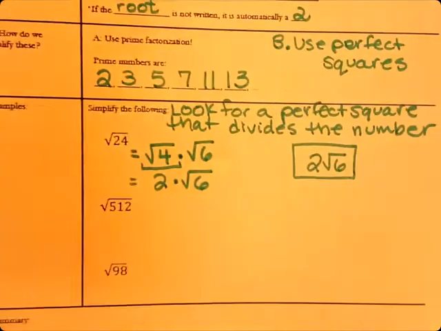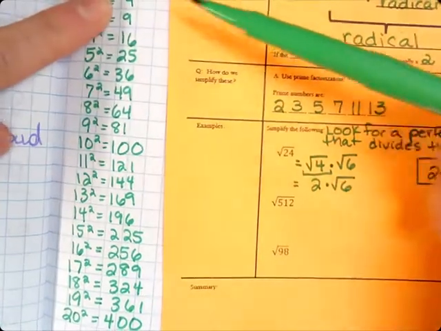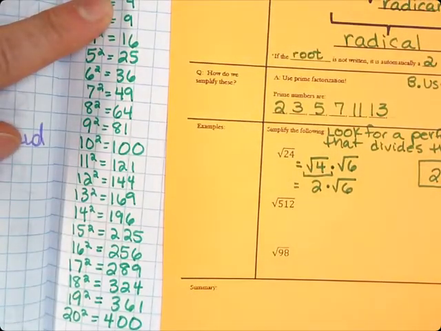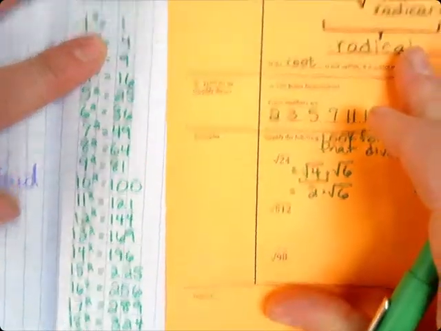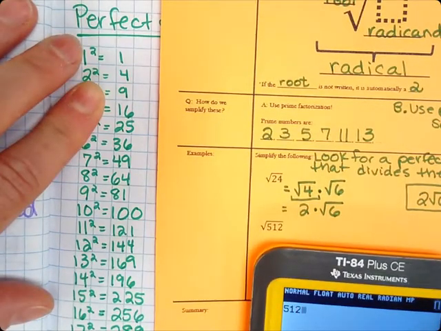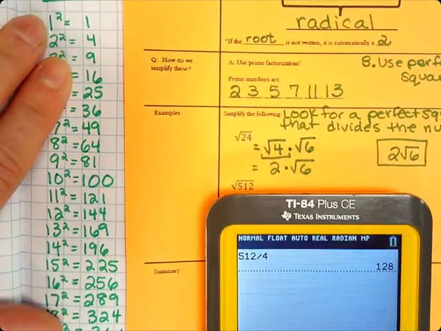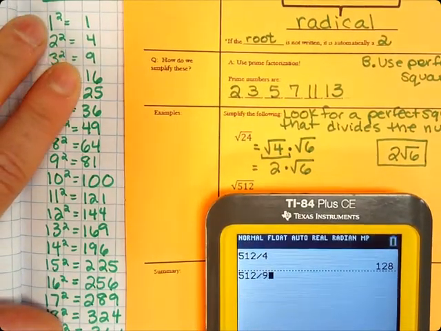Let's look at the next one, 512. Ooh, that's a big number. Let's see. We'll go down the list, and we want, remember, the biggest one. So we can start dividing them if we want. Does 512 get divided by 4? Yes, but not sure if that's the biggest. 512 divided by 9.